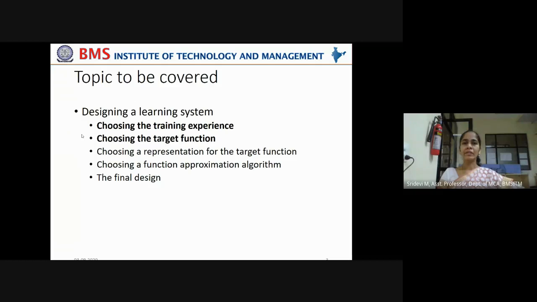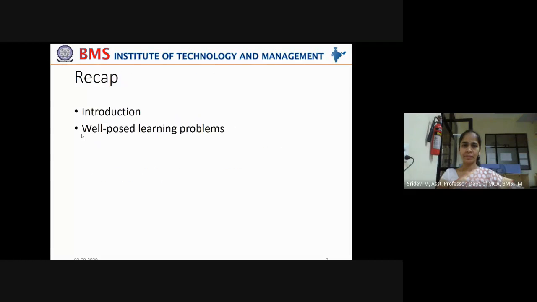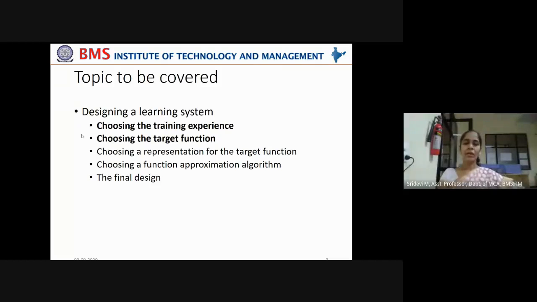The topics going to be covered today are designing a learning system and how to choose the training experience while designing a learning system. And also choosing the target function, in what way we can design the target function, choosing the representation for the target function, choosing a function approximation algorithm, and the final design.